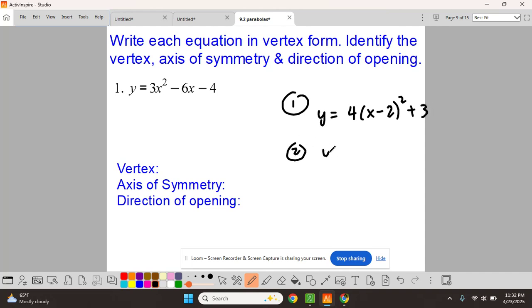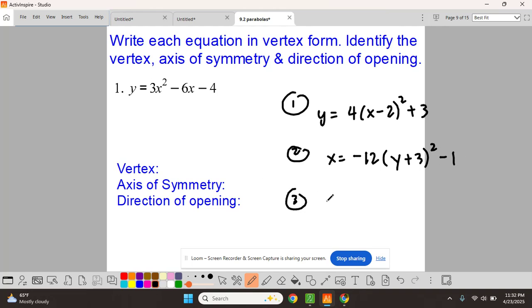Number two, let's change it now to x equal to negative 12(y plus 3) squared minus 1. Okay?